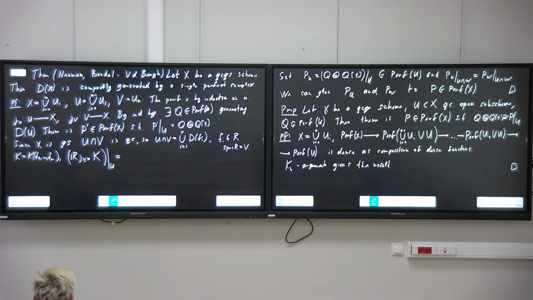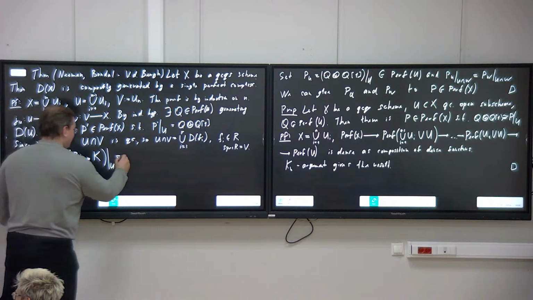So we take K in V and push it forward and restrict. Well, we can pull it on the intersection and push it on the U. So what was the answer? Well, this is 0.